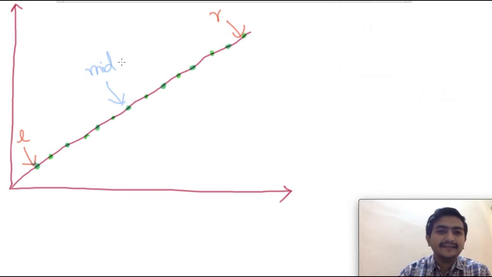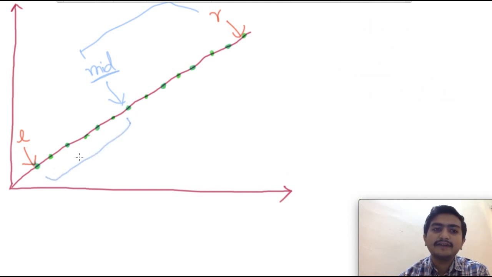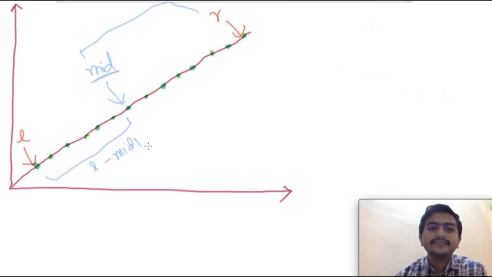Now if the value to be found is greater than A of mid, then obviously you make the new range from mid plus 1 to R. Or if it is less than A of mid, then you have the range from L to mid minus 1. Now one thing you can see is when I'm comparing with the mid value, I'm going to the right part or the left part.